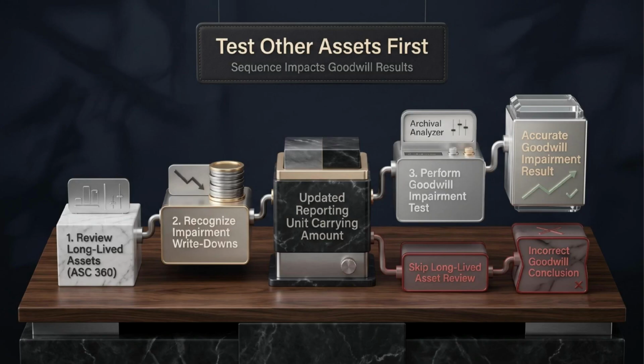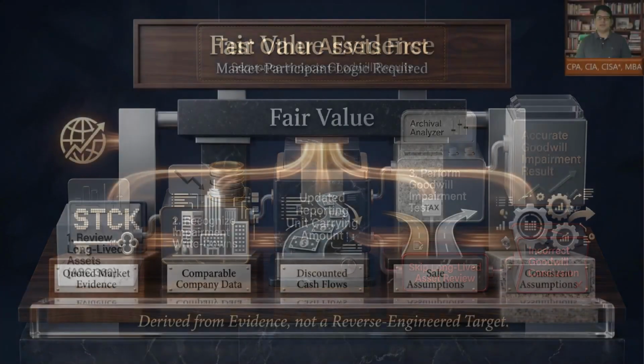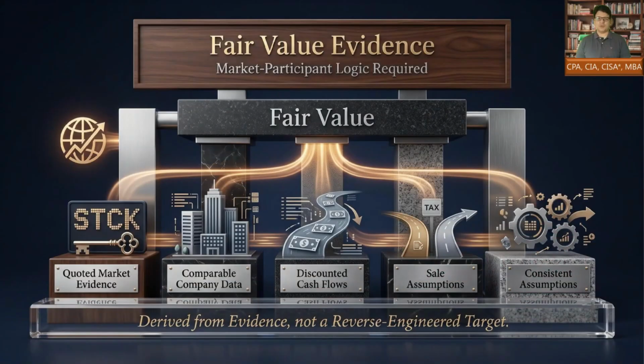This sequence matters because goodwill impairment uses the updated carrying amount. If other asset write downs are ignored, the reporting unit carrying amount may be overstated and the goodwill result may be distorted. Fair value evidence must follow market participant logic under ASC 820.